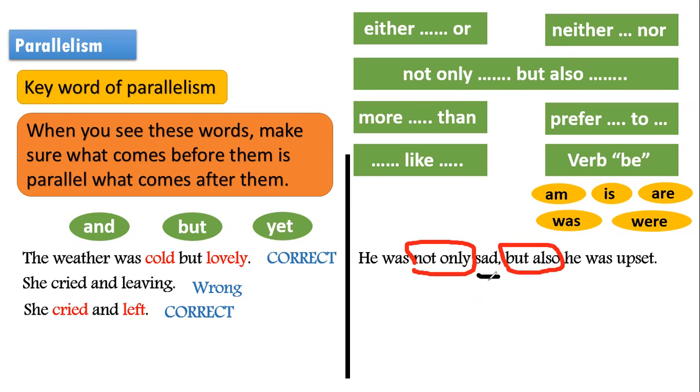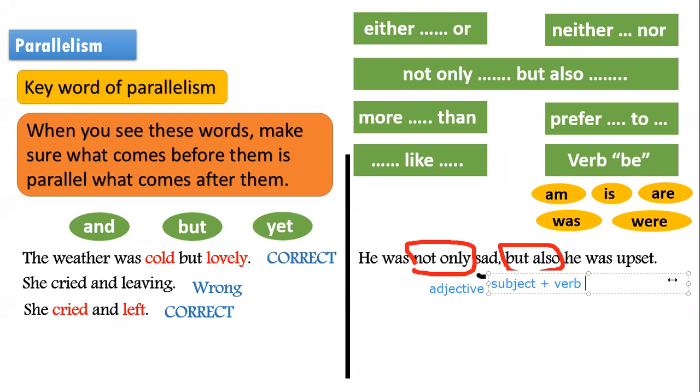It's an adjective. So after "not only," I have an adjective. It should be only "upset" after "but also." But after "but also," I have a subject plus a verb phrase.